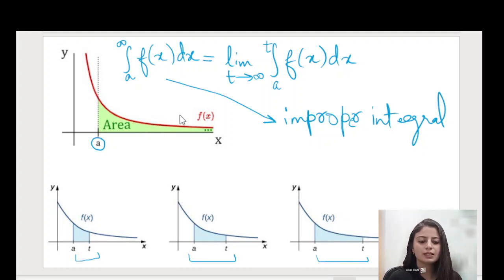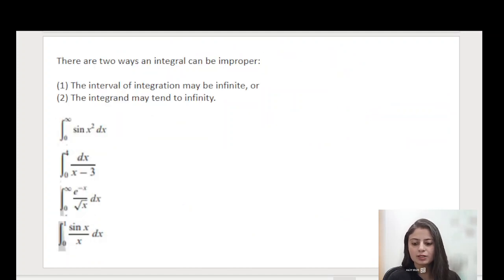Now, given an integral, are there any ways to identify whether it's improper or not? Now basically there are two conditions to check for. So the first condition says the interval of integration may be infinite, the way we saw in the previous slide, or the integrand, that is the function which is being integrated, may tend to infinity within the interval of integration.